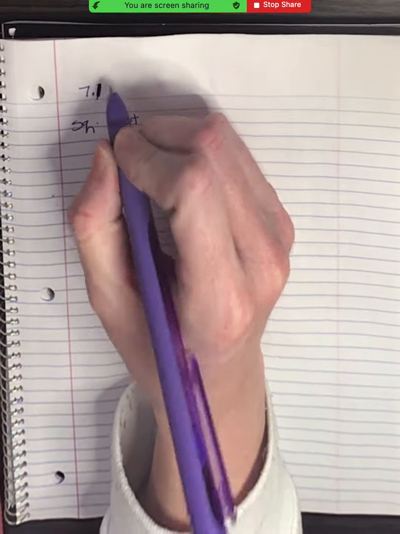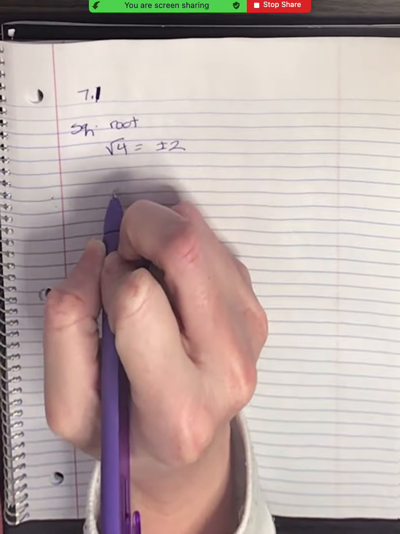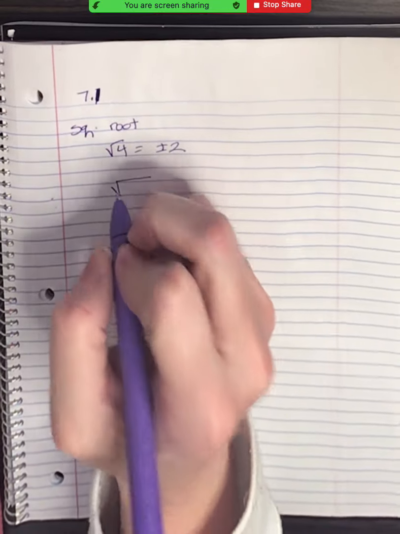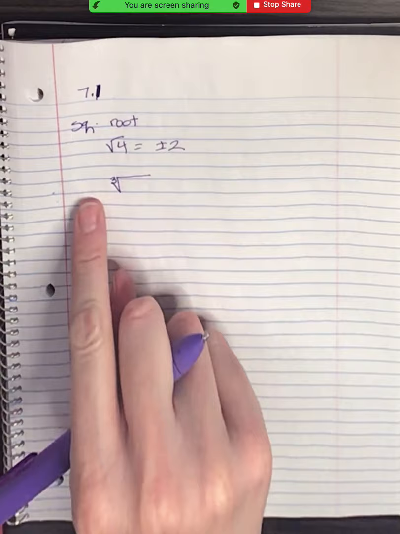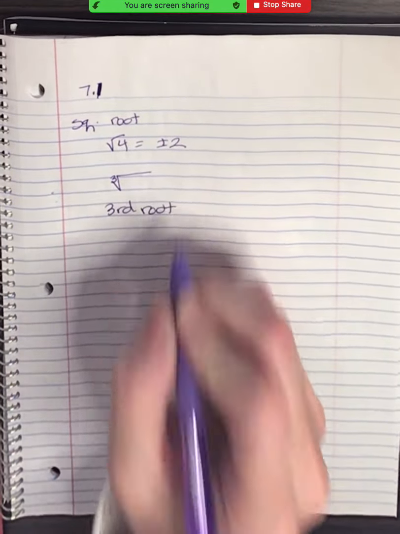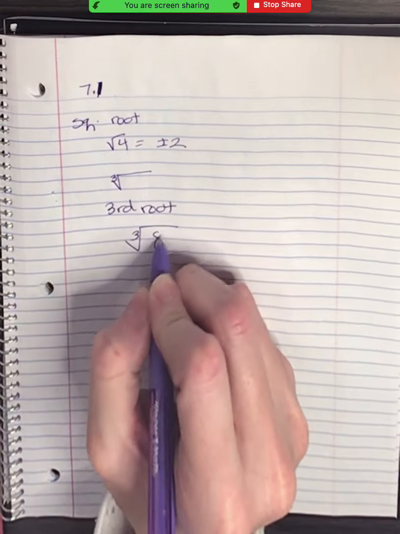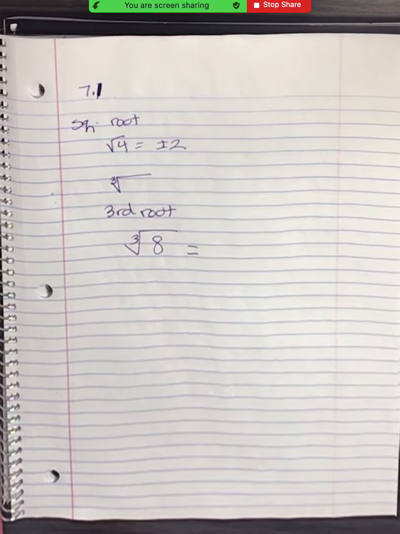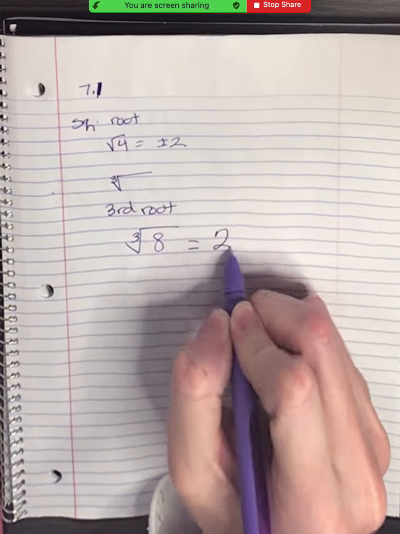So for example, a root is still this check mark looking idea, and then it has a number here. So this would be the third root. Okay, so the third root of 8 means what number times itself 3 times gives you 8.